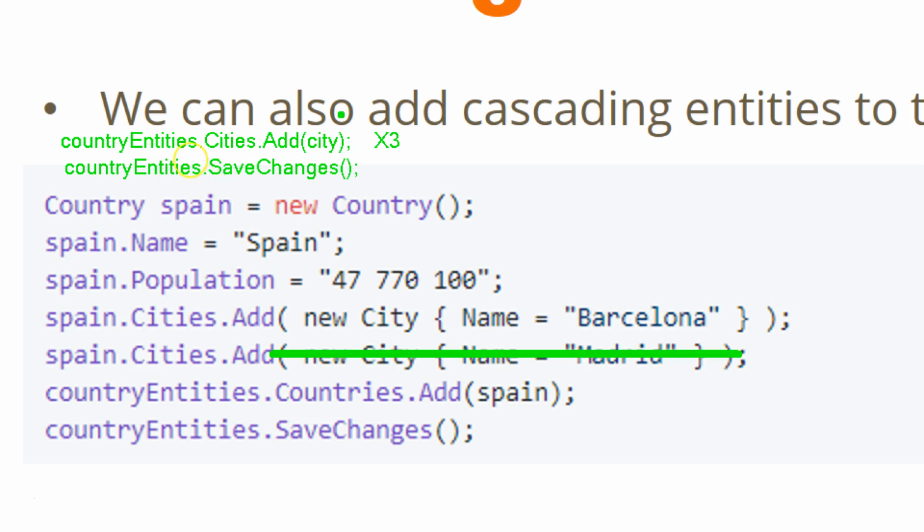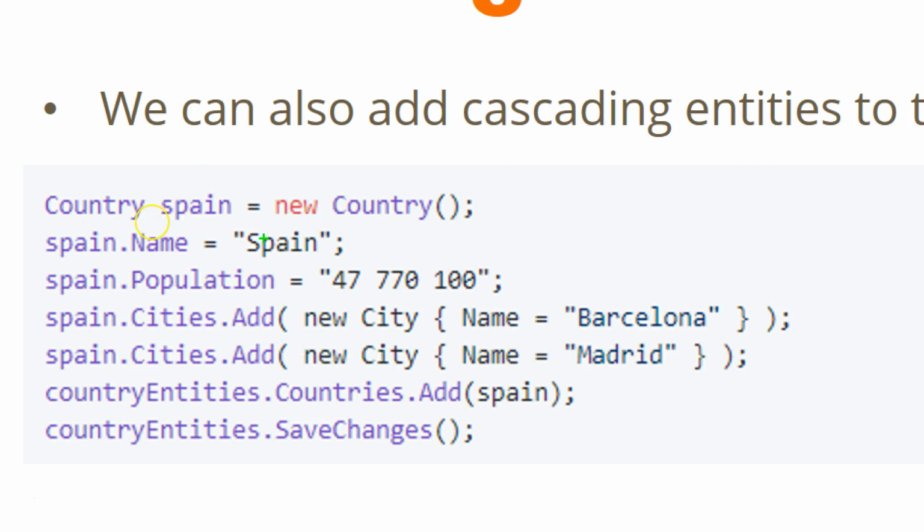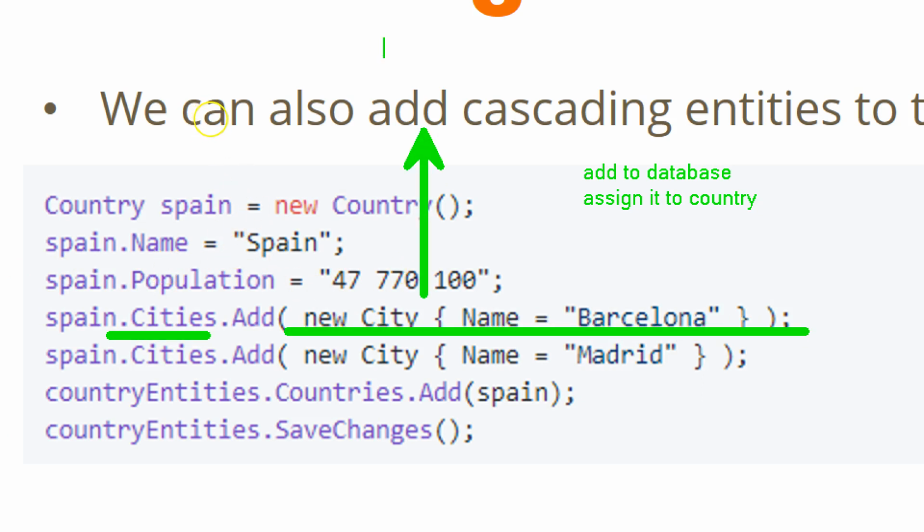So instead of that, I got cascading inserts. Here is how cascading inserts look. I'm saying spain.Cities.Add, and basically this city we add individually inside Spain. So I don't add it first to the database. I don't say first add to the database and then assign it to the country, after that say that Spain.Cities has something that is already in our DB.